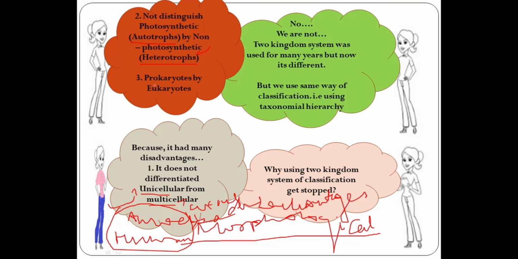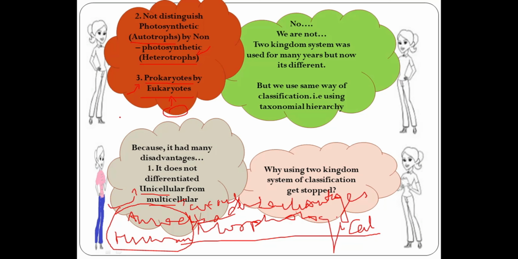The third disadvantage is that he did not differentiate prokaryotes from eukaryotes. We know the meaning of pro is primitive. Karyote is nothing but a nucleus, so the one without a nuclear membrane will be prokaryote. And eukaryotes are the ones whose nucleus has a nuclear membrane.